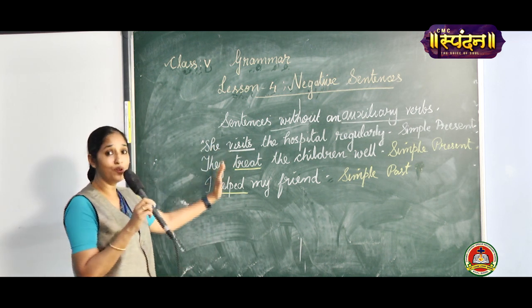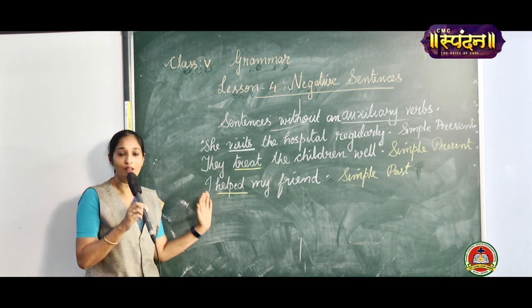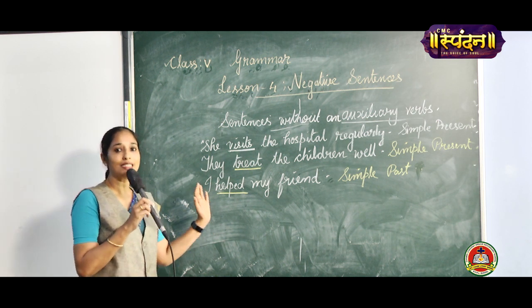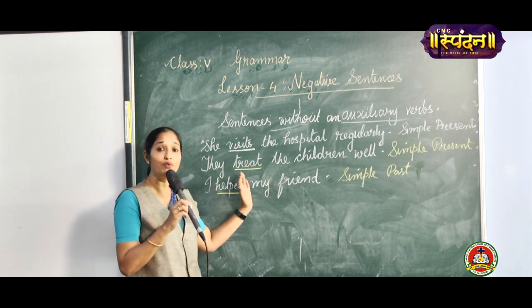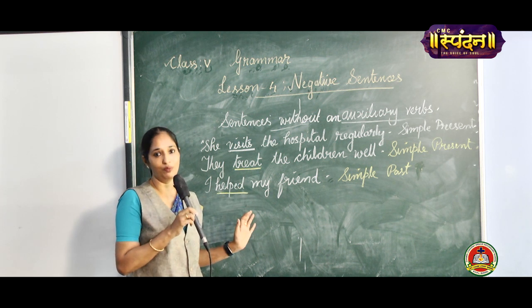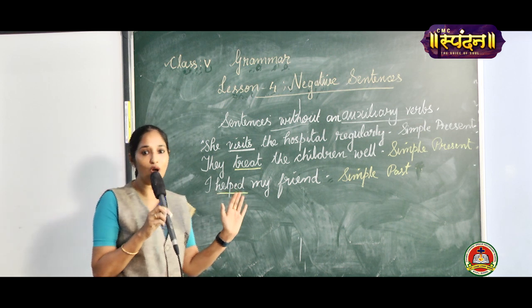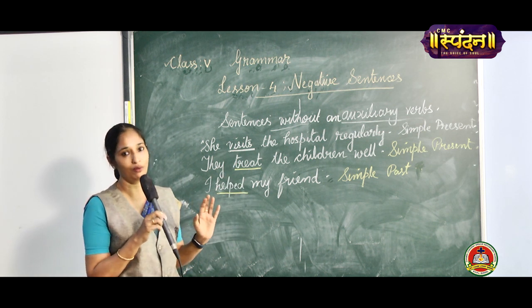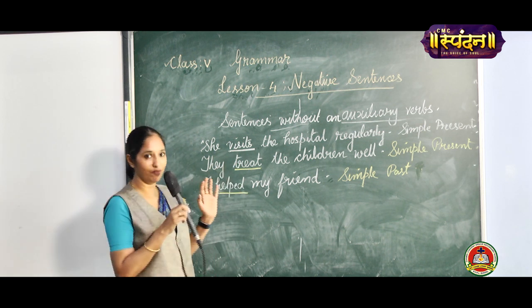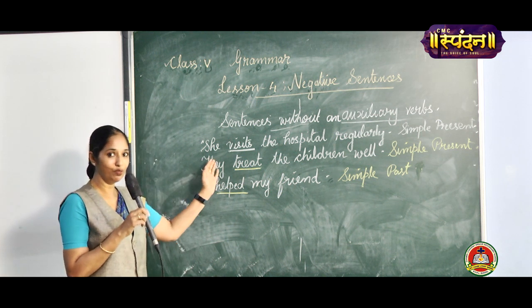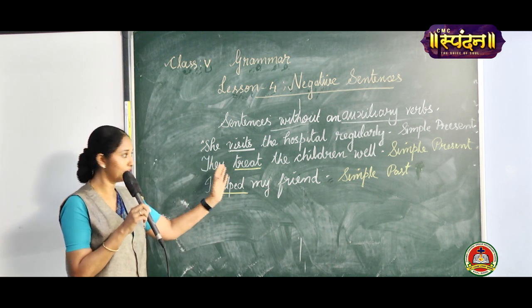So, how are we supposed to form the negatives of sentences where we have used only the main verb? The other one was very easy. We just put not immediately after the helping verb. Here there is no helping verb. And if we try to put a not somewhere in these, let's try.